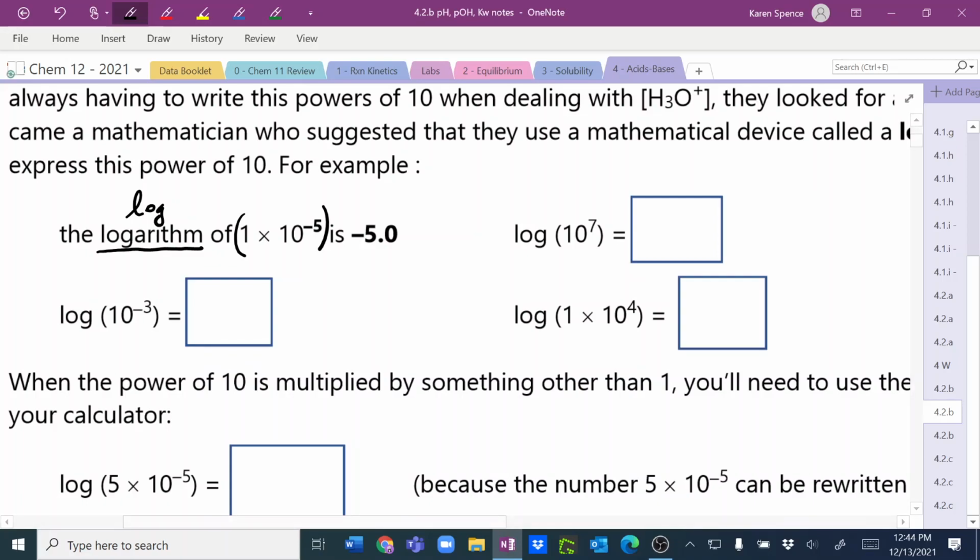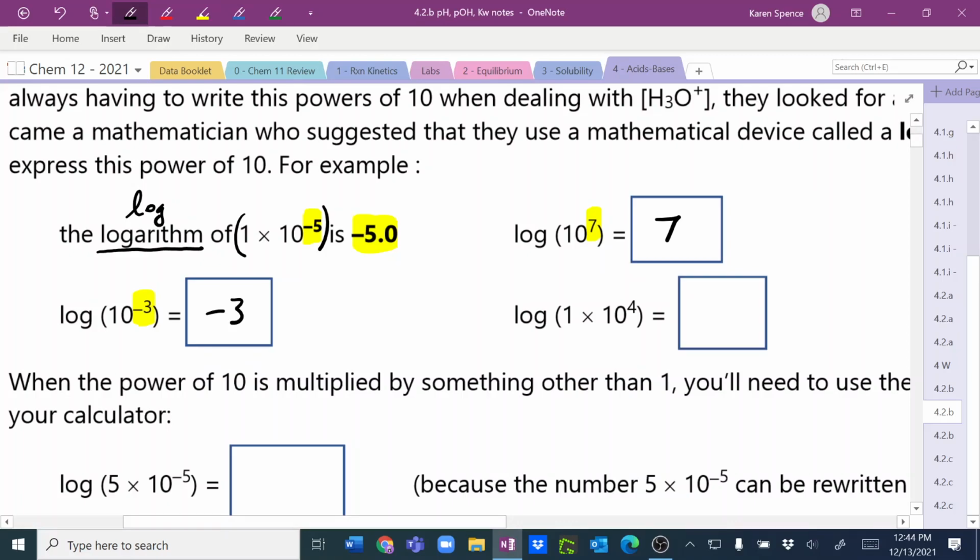Yes? If we take then, by the same logic, the log of 10 to the 7, what would we get? 7. And what if we took the log of 10 to the negative 3, we would get, everybody, minus 3.